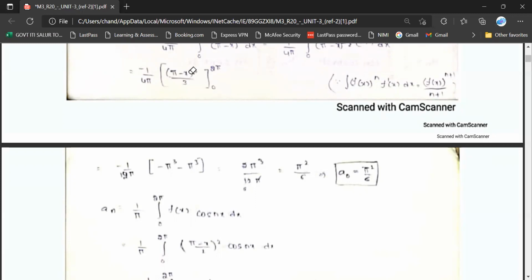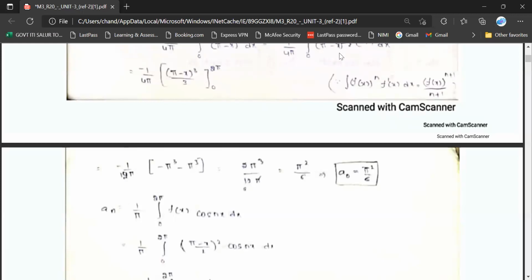So we substitute 0, then it gives pi. Pi whole cube is nothing but pi cube. So minus of minus is nothing but plus. So we get 2 pi cube by 12 pi.